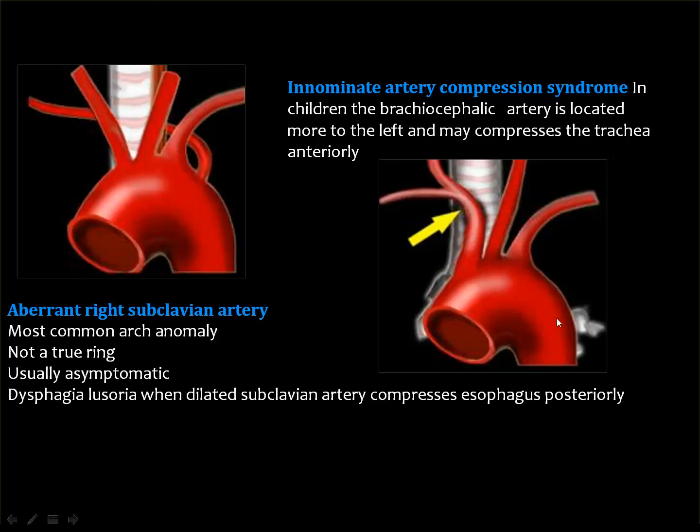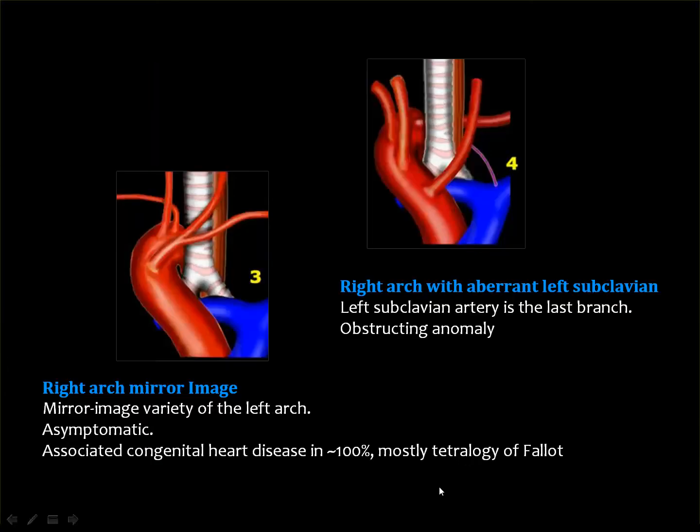Of course, this is not a vascular ring. It is just that the innominate artery is located more to the left side, compressing the adjacent trachea. Then you have aberrant right subclavian artery, which is originating from the arch after the origin of the left subclavian artery, crossing behind the trachea to reach the right upper limb.